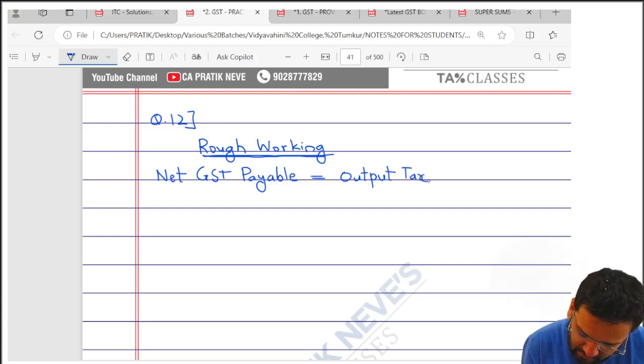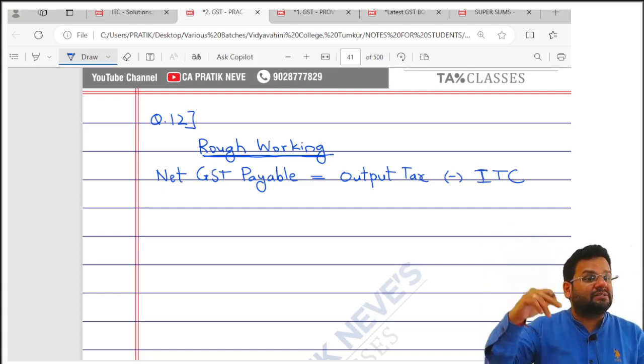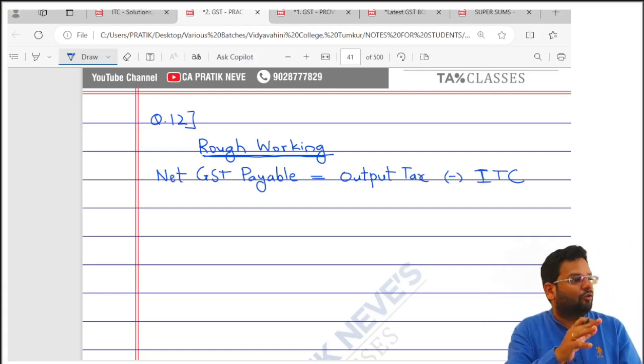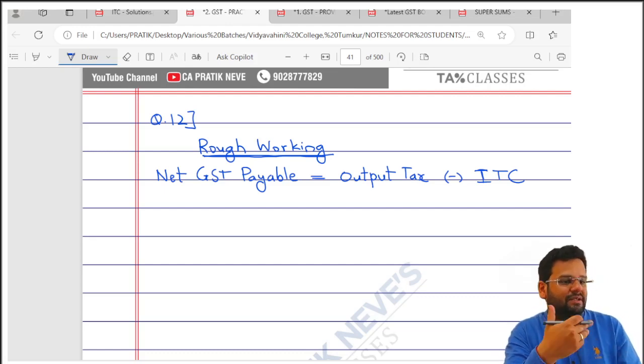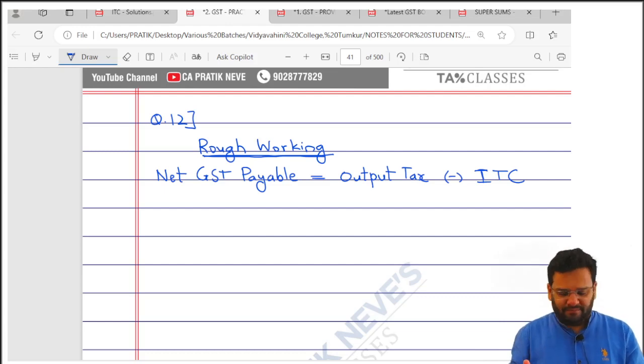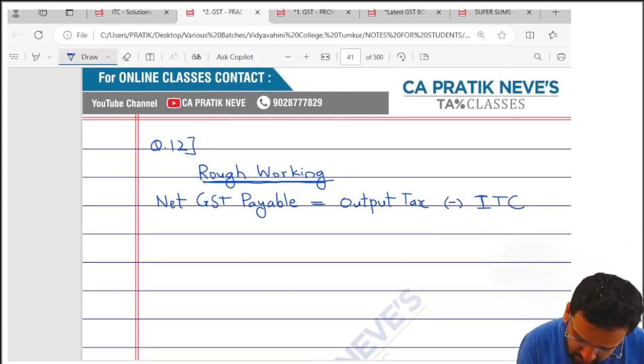Output tax minus input tax credit, because that supplier should have an idea how much he has to deposit in the e-cash ledger. You remember our yesterday's discussion? That output tax goes in which ledger? E-liability.